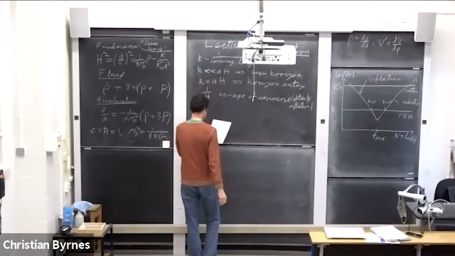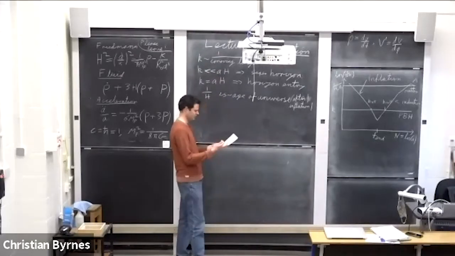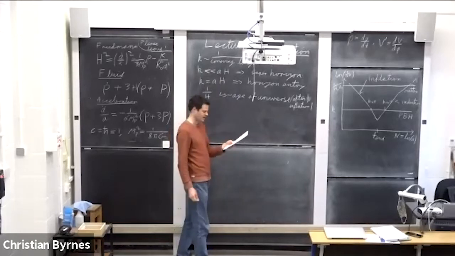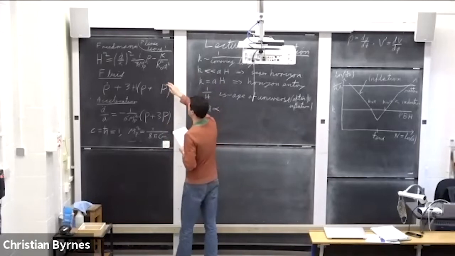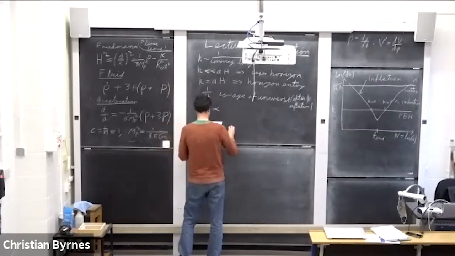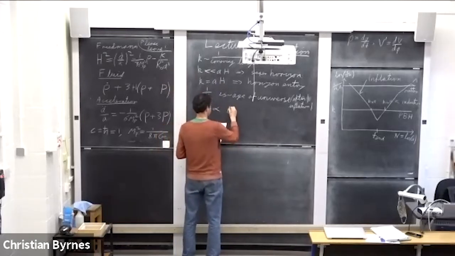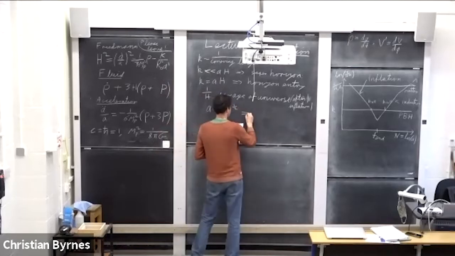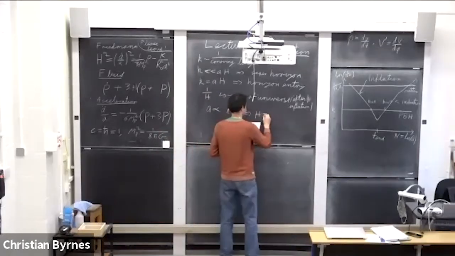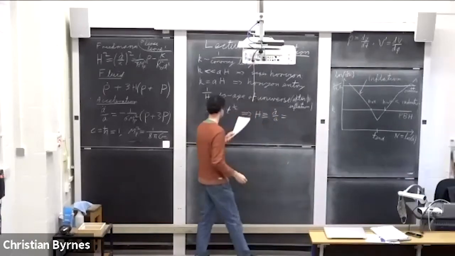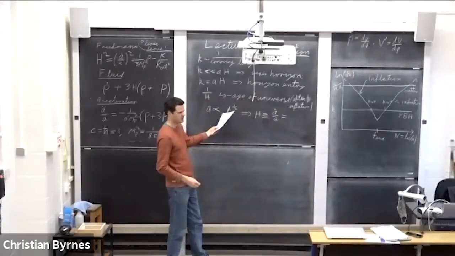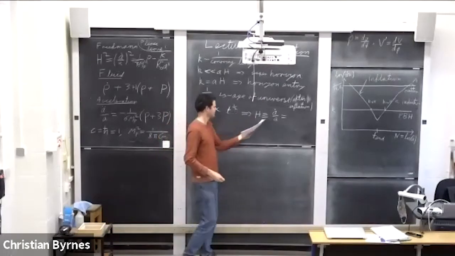So for example, during radiation domination, which is what we're interested in, and it's easy to deduce this from the Friedmann equation, a goes like t to the half. So this implies H, which is equivalent to a dot over a, is very easy to put in. The constant of proportionality doesn't matter. This is 1 over 2t.